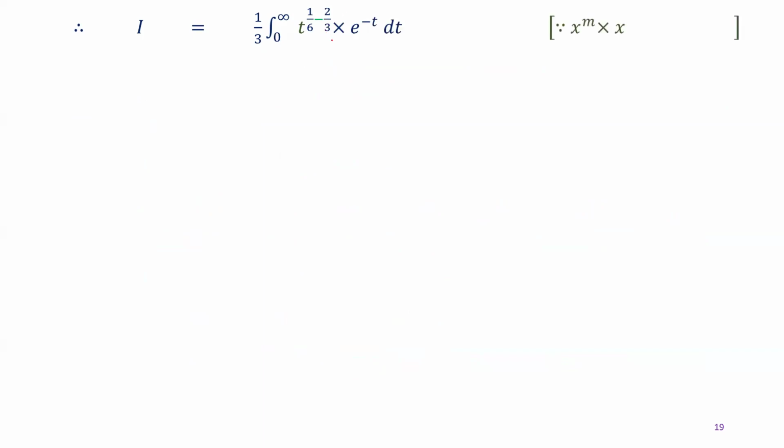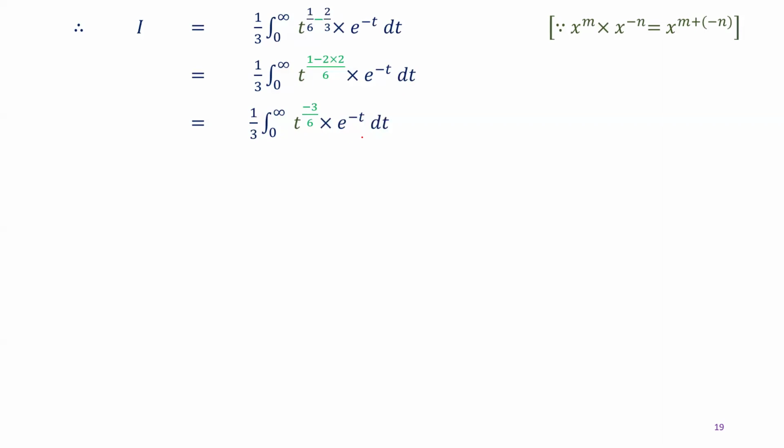If we simplify it, t to the power 1 by 6 minus 2 by 3, that is 1 by 3 into integration under the limit 0 to infinity, t to the power (1 minus 4) upon 6 into e to the power minus t dt, or 1 upon 3 integration under the limit 0 to infinity, t to the power minus 3 upon 6 into e to the power minus t dt.